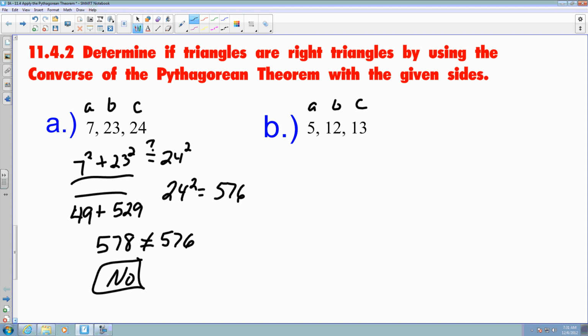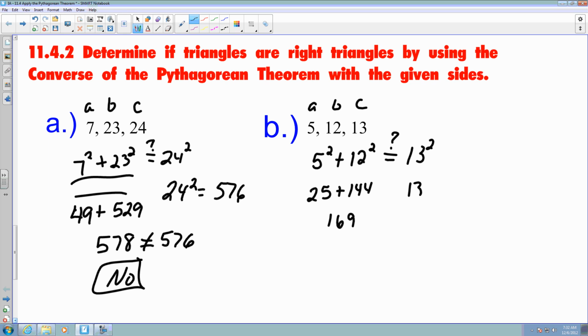For B, we're going to do the same thing. I want to determine if 5 squared plus 12 squared equals 13 squared. Again, I'm going to find the left-hand side. So I got 25 plus 144, and if you add those together, it gives you 169.